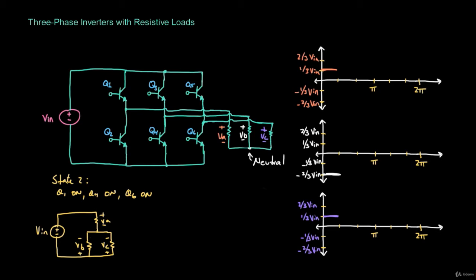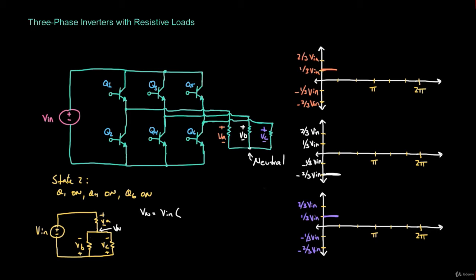Now let's go ahead and do the same thing that we did for the previous state. We're going to calculate the voltage at the neutral. Just like in the previous state, we're going to do a simple voltage divider. Vn is going to be equal to Vn, but now we're going to have R. Let me just write R, because we've established that RA, RB, and RC are equal to each other.